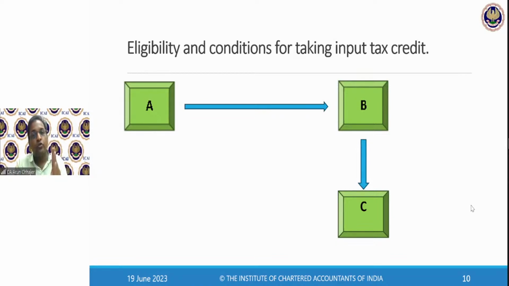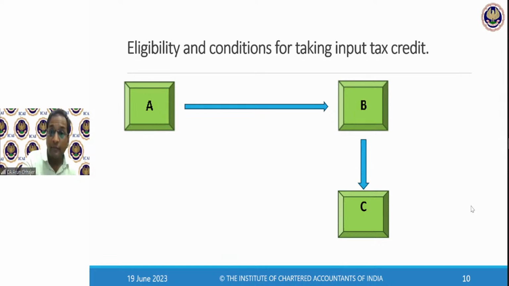To give the resolution to this problem, the government has added the word deemed in the explanation. What word did they add? They have added the word deemed.